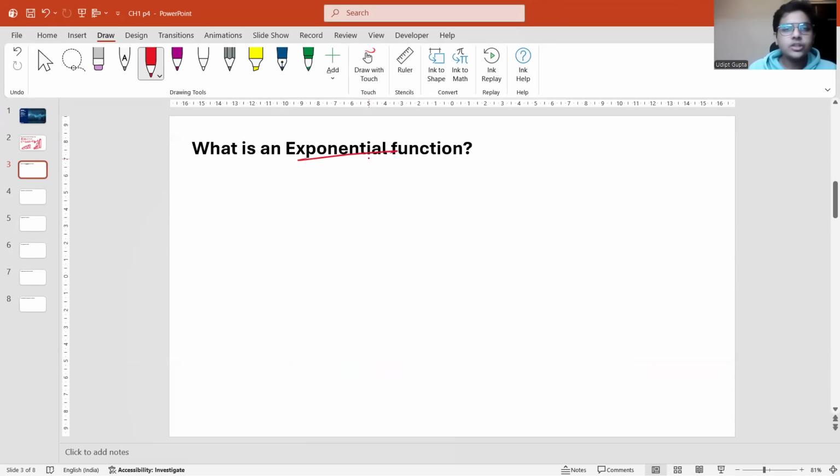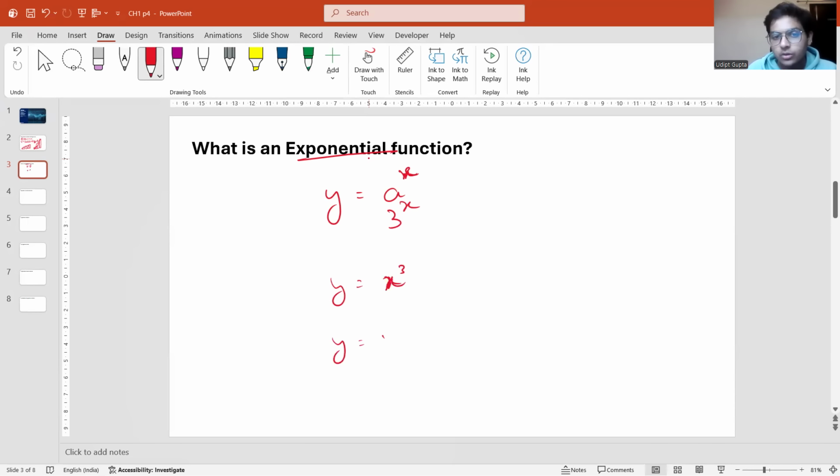So what are exponential functions? When there is a variable in the power of the function, like y is equal to a raised to power x, where a is some constant number. Let's say it's 3. When the variable x increases, the function increases. It's not y is equal to x raised to power 3.